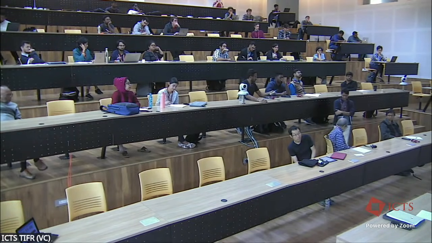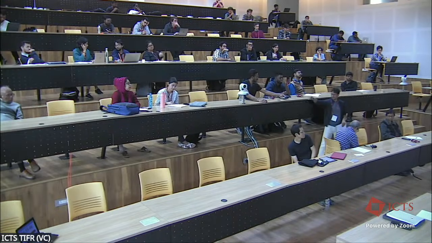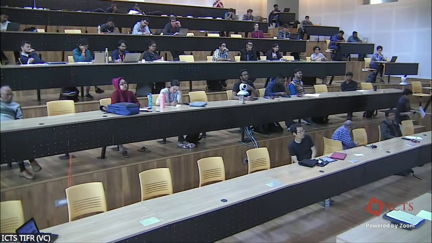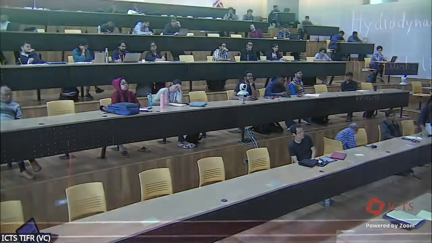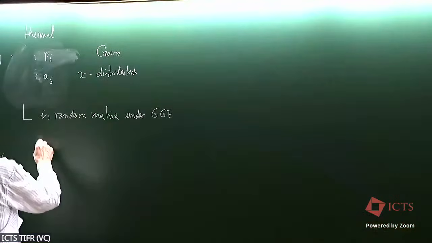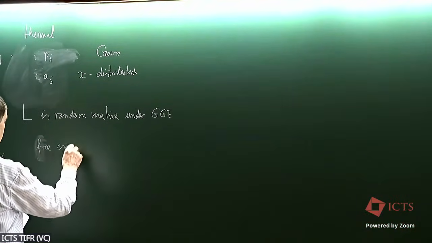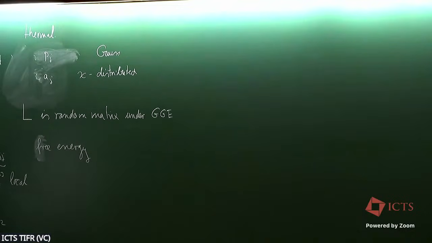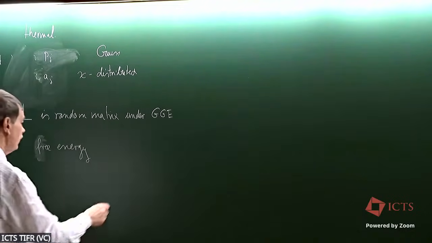Okay, so now what do we want to do? I'm still doing statistical mechanics, so we want to compute maybe the free energy. The way to do this is you just follow the rules.